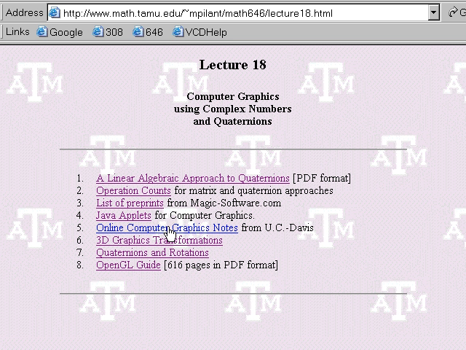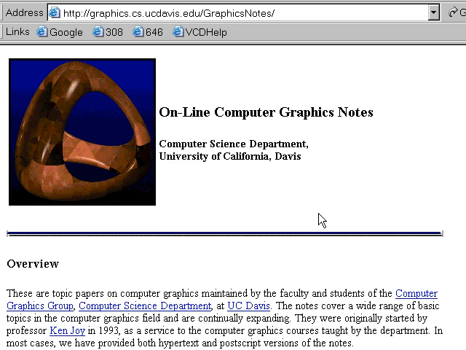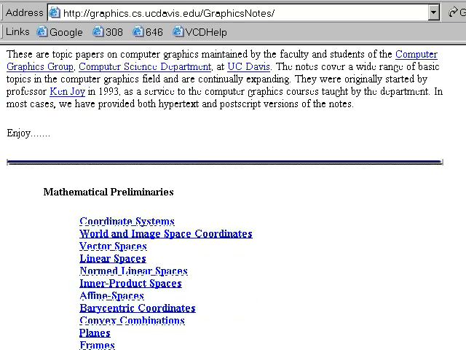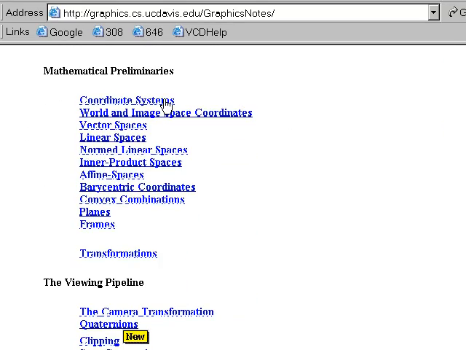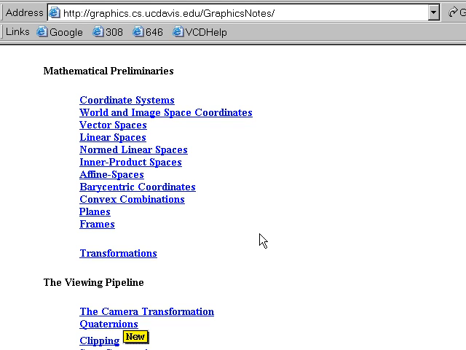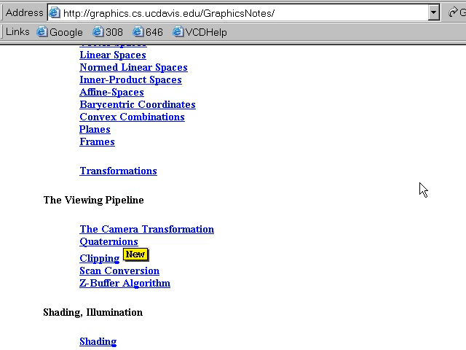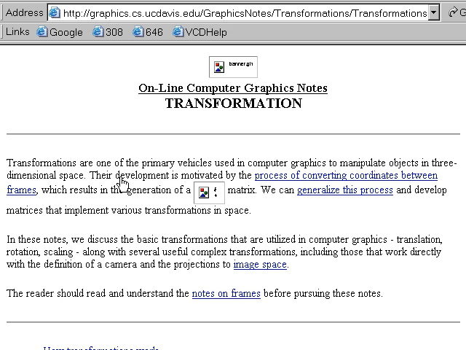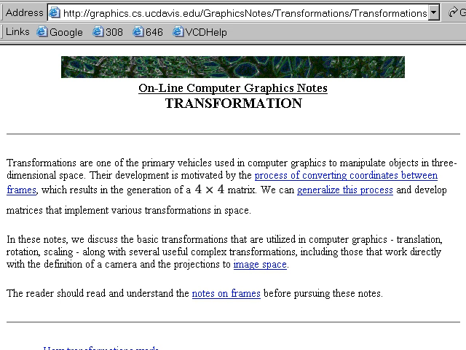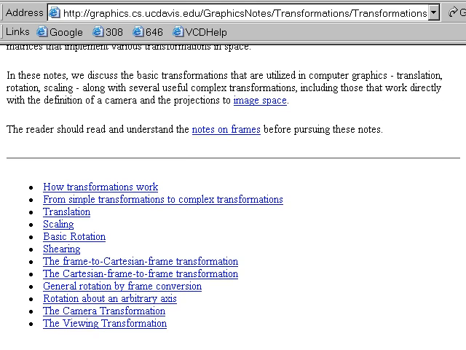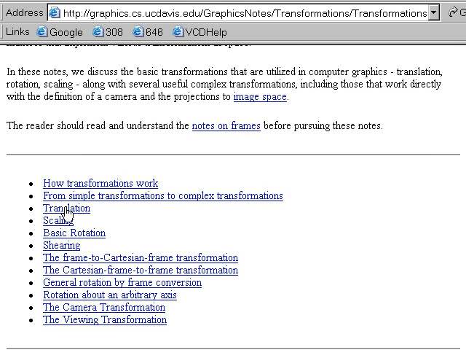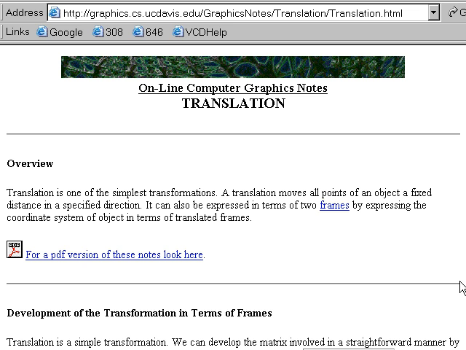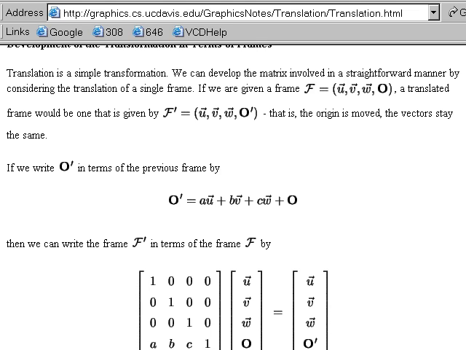There's also a whole set of online computer graphics notes, if you're interested, from the computer science department at UC Davis. And these talk about the basics like coordinate systems, vector spaces, linear spaces, planes, frames, transformations. Transformations here talks a little bit about what we did today. So translation is this right here.